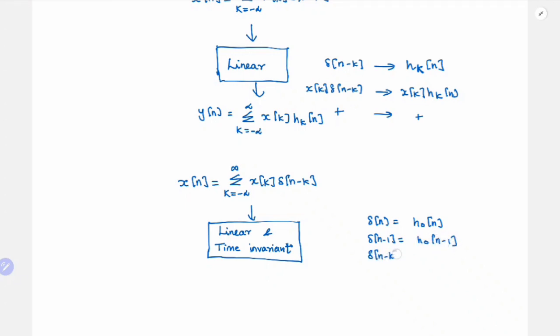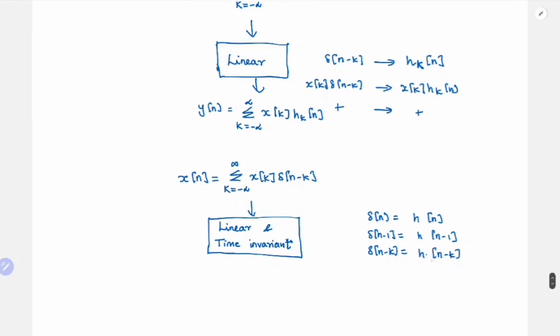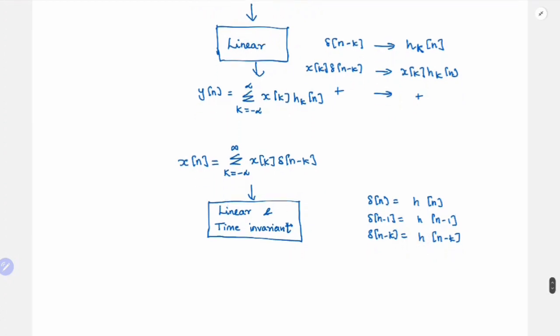Delta of n minus k in general should give me h_0 of n minus k. And we can just drop this 0 and consider h of n minus 1 and h of n minus k. Then what will happen to my output? It will be summation k equal to minus infinity to infinity x of k h of n minus k, right?